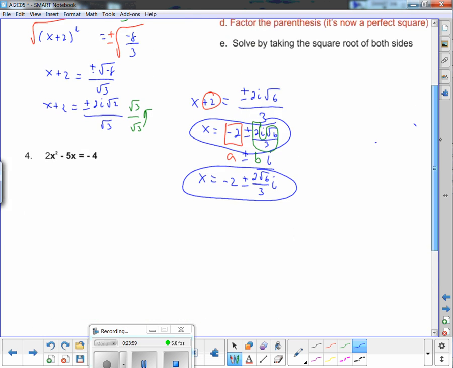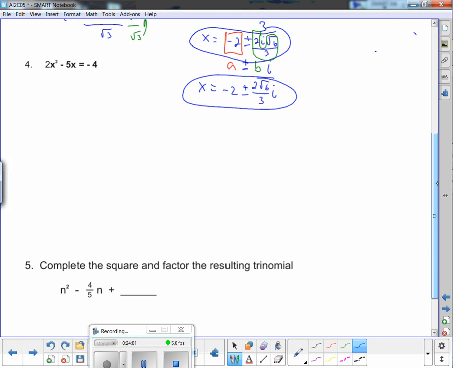2 more. All right, number 4, same kind of scenario. Only when you look at this one, we look at this and we say, oh, there's really no common factors, right? But here's the problem.